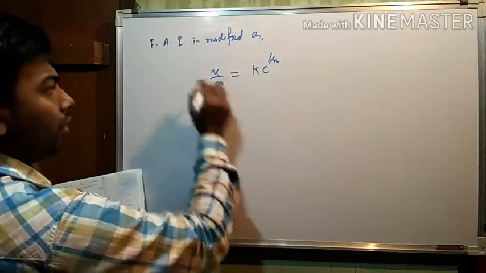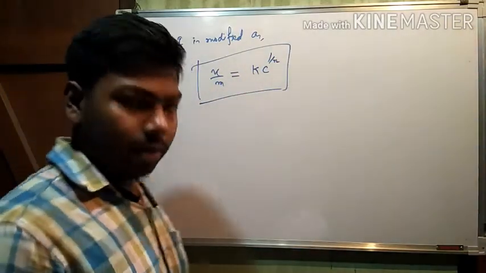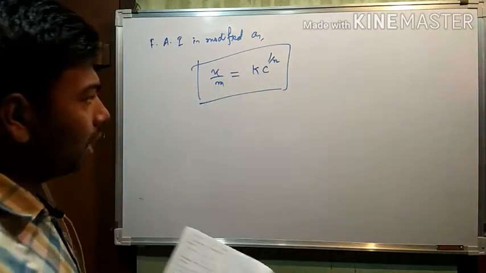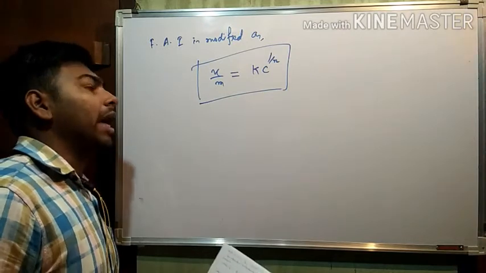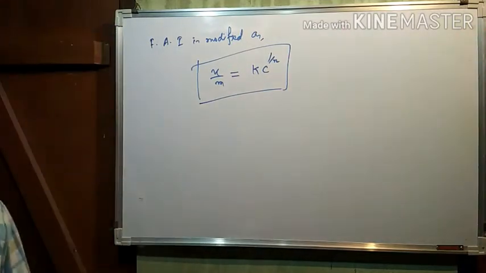This is the new equation of the Freundlich adsorption isotherm: x by m equals k c to the power 1 by n.